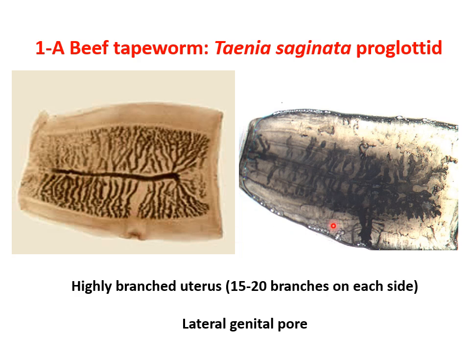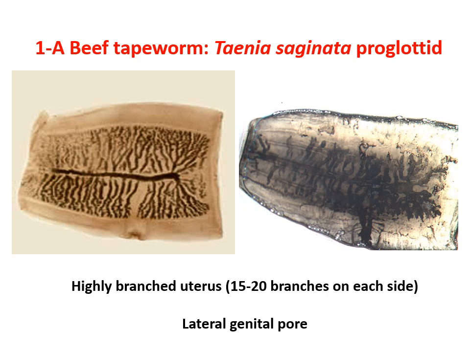As you can see, the genital pore is lateral. How can we count these uterine branches? It's very easy. We put a drop of ink in the genital pore, and from that genital pore it will diffuse and label all the branches, and this is how we can count them.